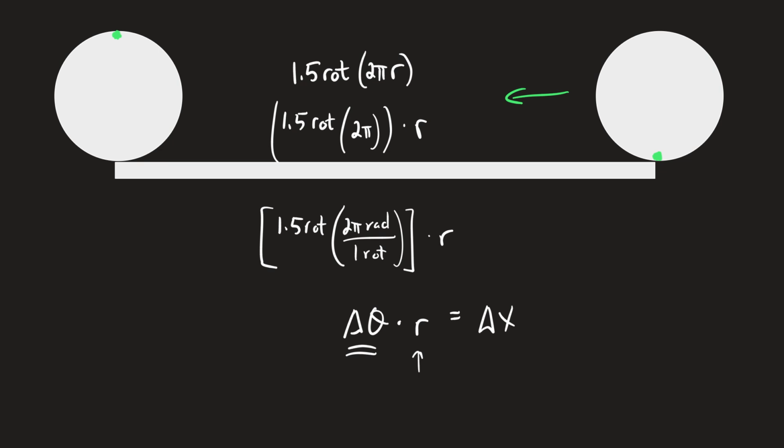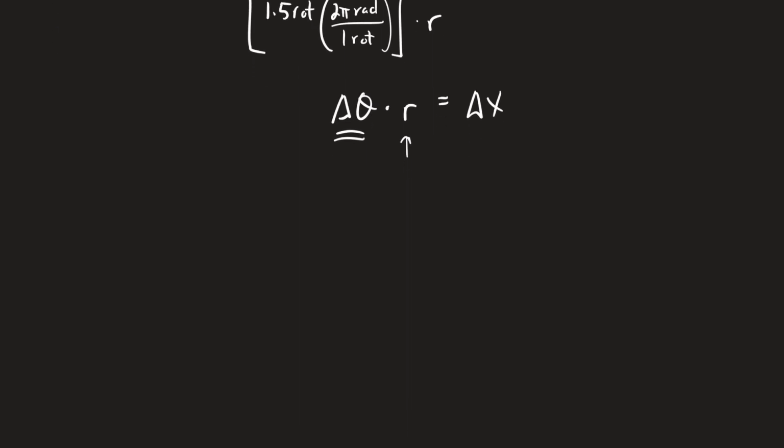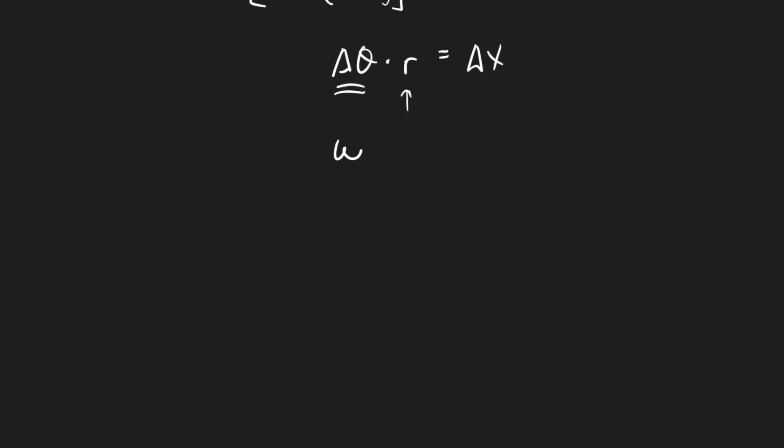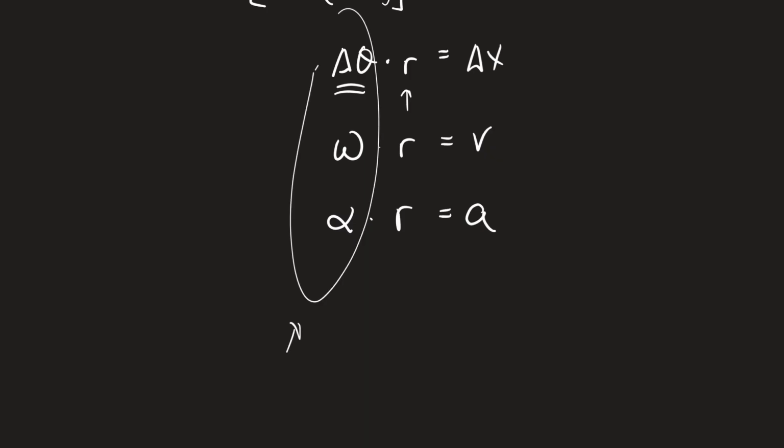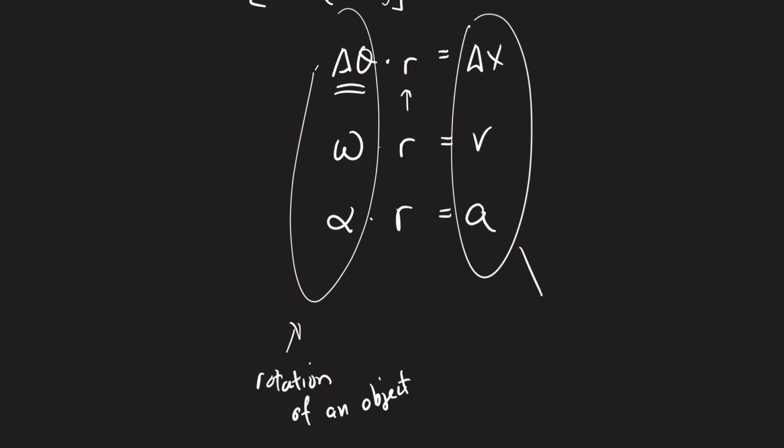You guys see it? Now, the truth is, and this is important, if you're going to write anything down that's important today, make sure you get this, that all of them are like this. These represent the rotation of an object. These represent how far it rolls.